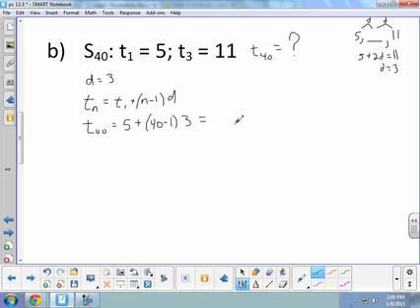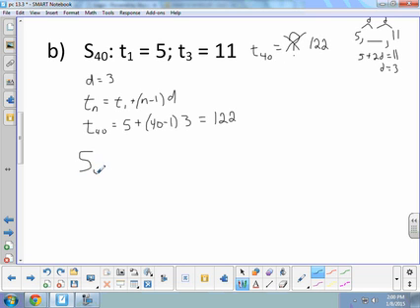If we do that calculator work, we should come up with, I believe, 122. So now we know what our last term is. It is 122.